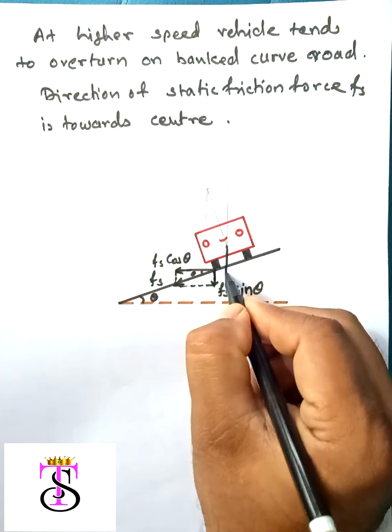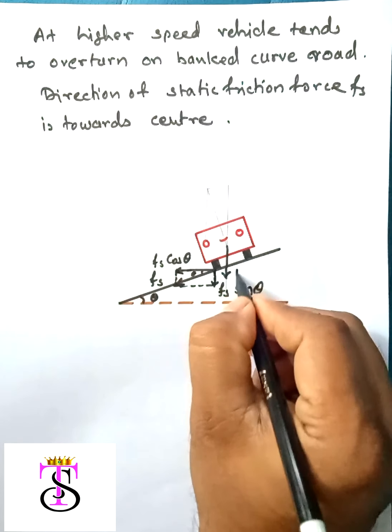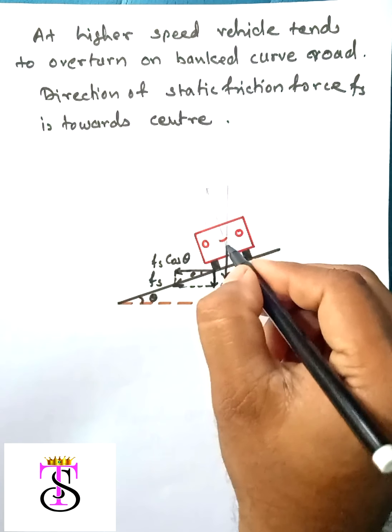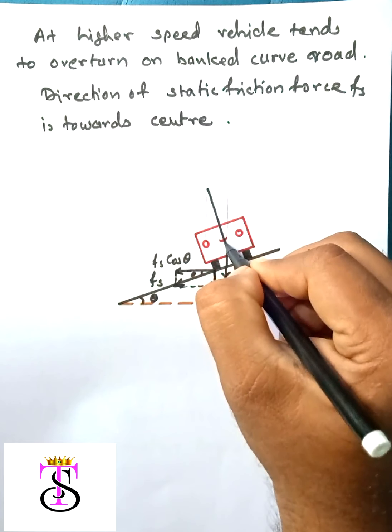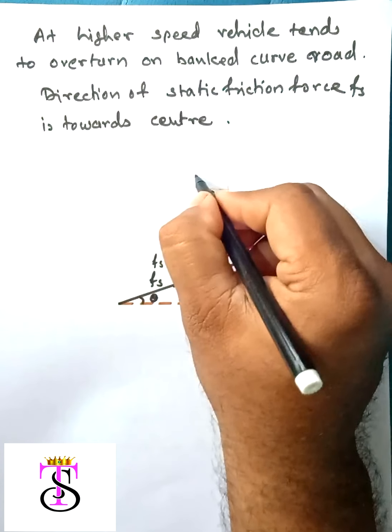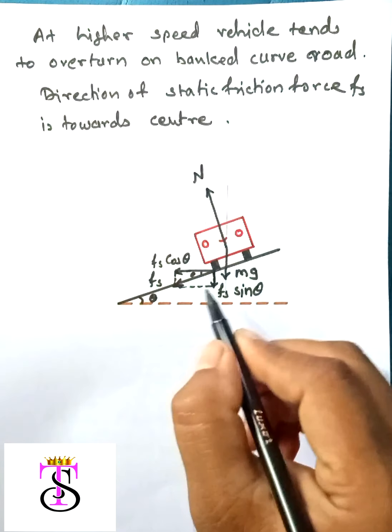The remaining forces are the self weight of the vehicle mg and the normal reaction perpendicular to the road surface.